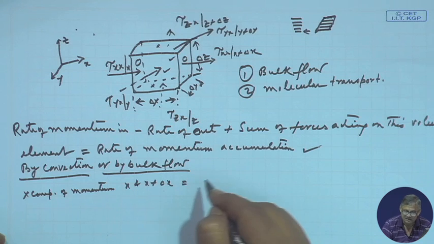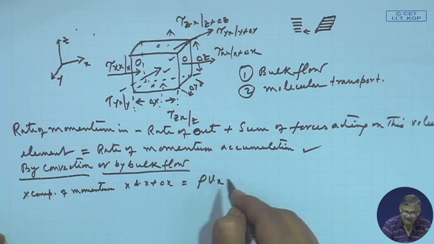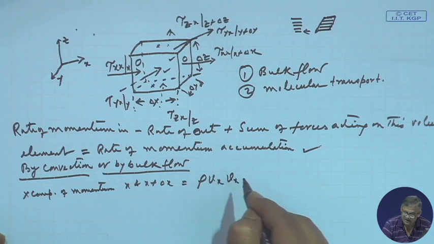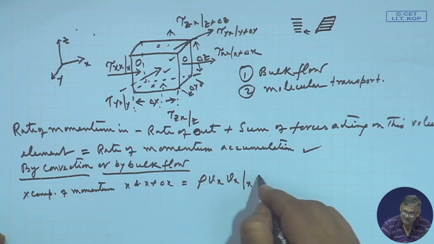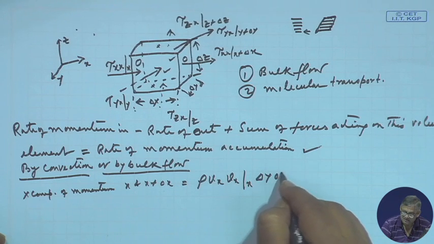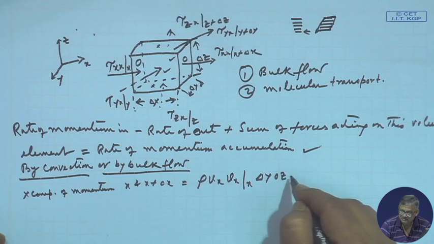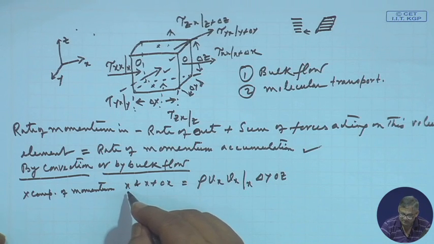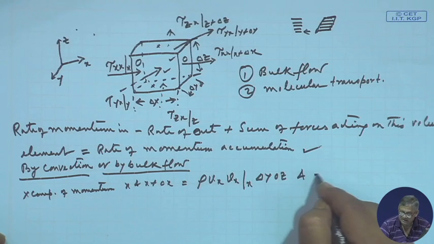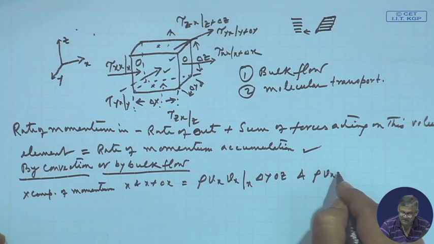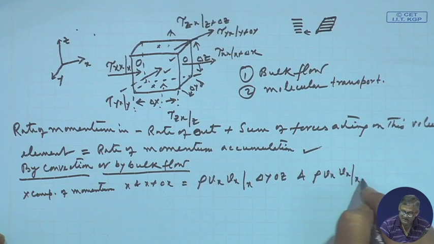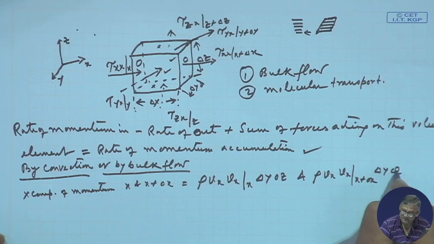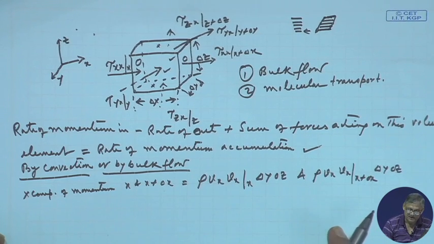So, they are rho Vx times Vx at the face x times its area del y del z. This is for face x, and the other one is rho Vx into Vx at x plus delta x into del y del z, right.